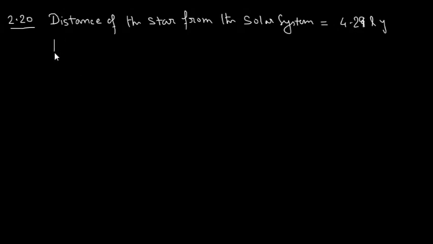1 light year is equal to the distance traveled by the light in 1 year.